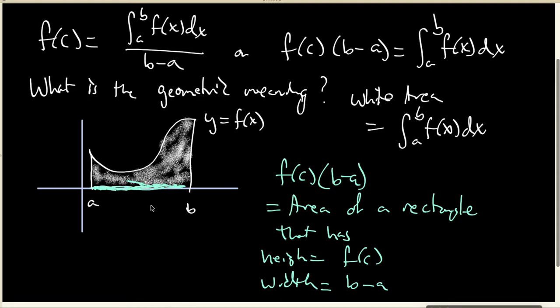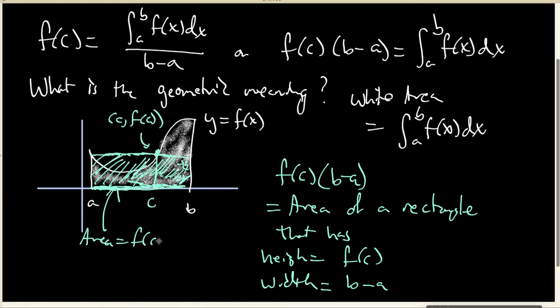And the height is just some particular point on the curve. And I'm going to draw it here because that looks to be about right to me. So this teal-colored rectangle, because the height of that point there is f of c, has area equal to f of c times b minus a.